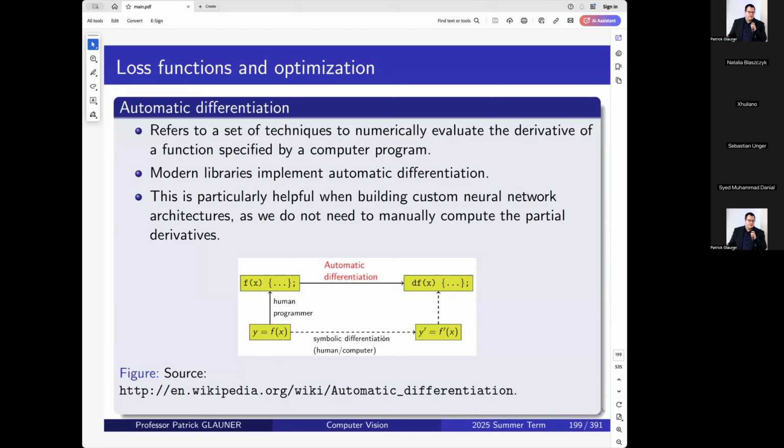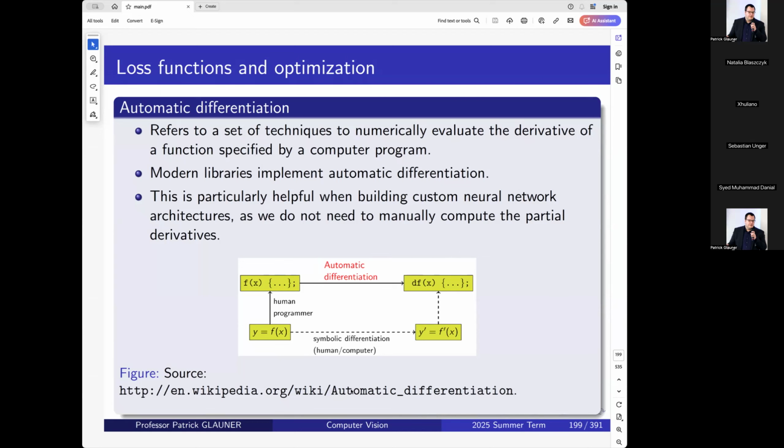So this is very helpful when you start building your custom neural network architectures and you don't want to manually compute the partial derivatives or calculate them numerically or symbolically. I think automatic differentiation is one of the masterpieces in optimization that is now available to neural networks, and it has probably largely been used for the last 15 years or so. And this helps everyone to easily build their own custom neural networks.